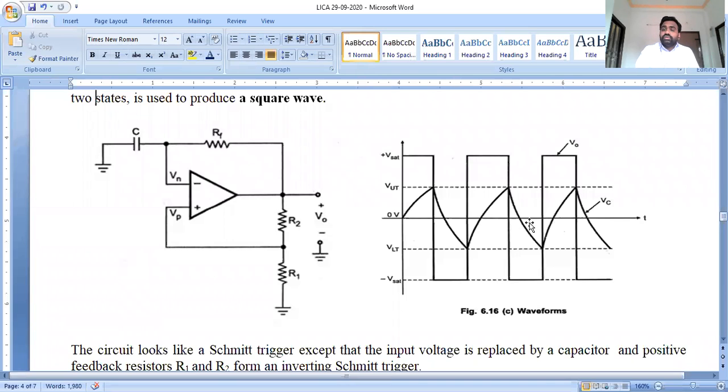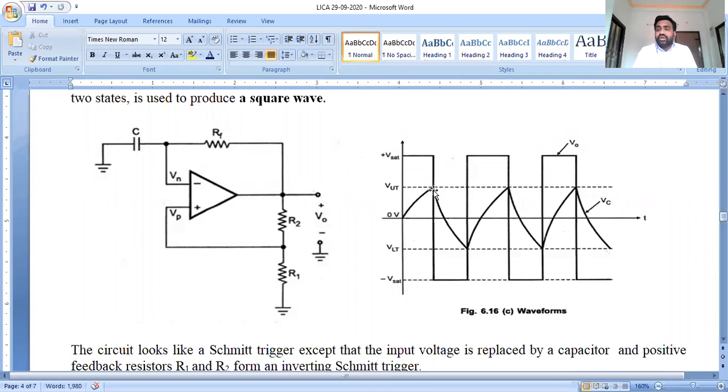During the capacitor discharge, if the capacitor voltage goes slightly below the lower threshold voltage, the output voltage starts increasing from minus Vsat to plus Vsat. So in the application of the operational amplifier as an astable multivibrator, the output voltage swings, which means oscillation, with the behavior of capacitor charging and discharging.